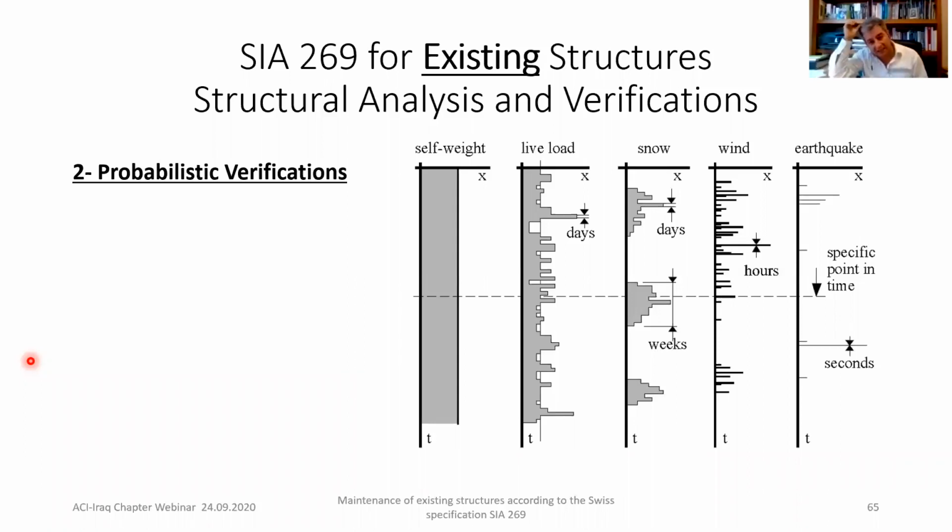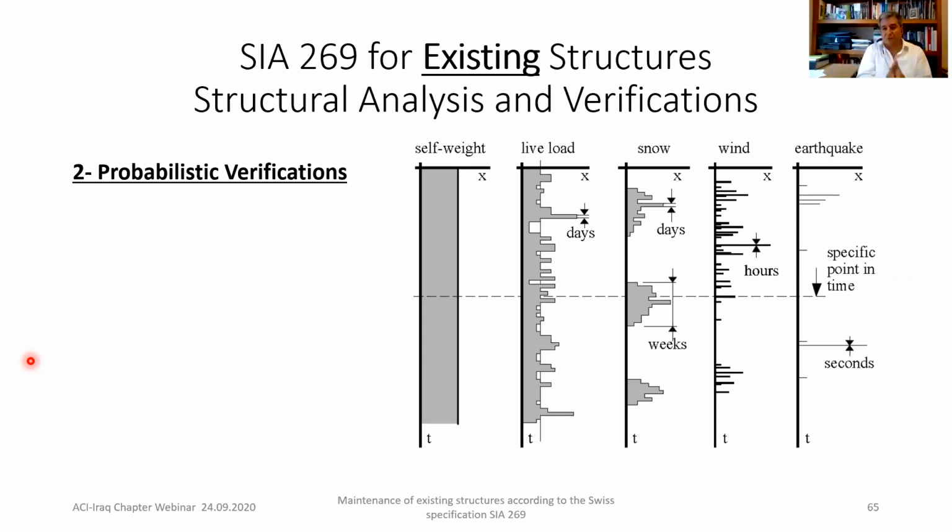That means the live load in your office or in your living room, if you are working with 2 kilonewtons per square meter, if you measure the weight of the live load at any given time, you will never reach the 2 kilonewtons per square meter.